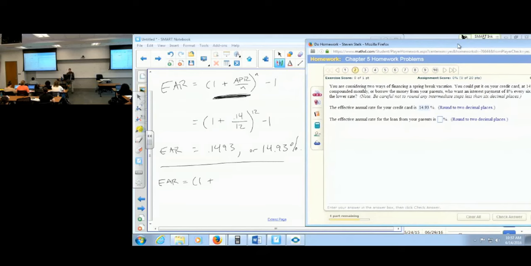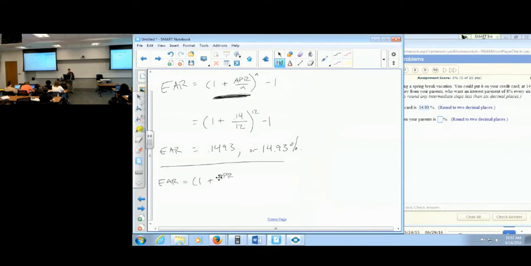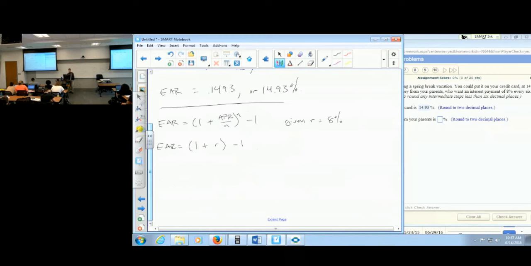So I can go ahead and turn that into an APR and plug into this formula, or I can recognize that I'm given r equal to 8%, and know that APR divided by m in this formula is actually r. And I can just plug 8% right in.